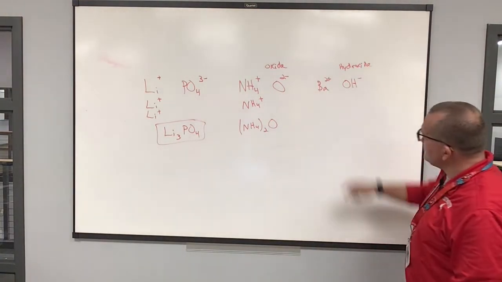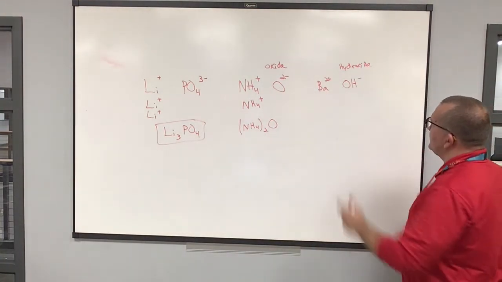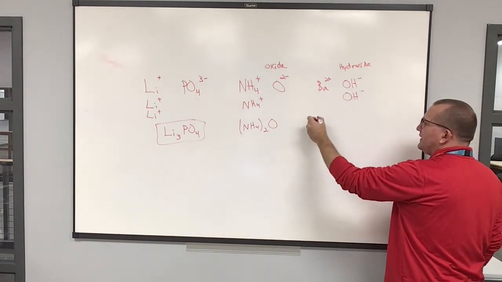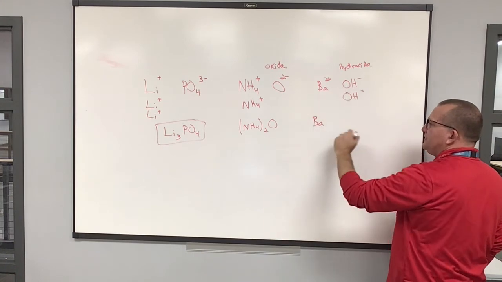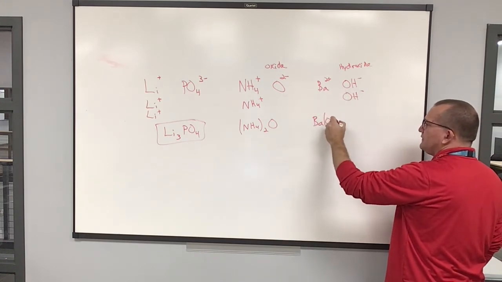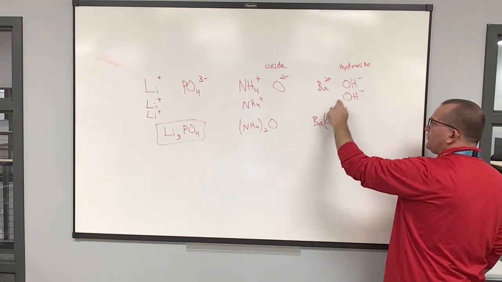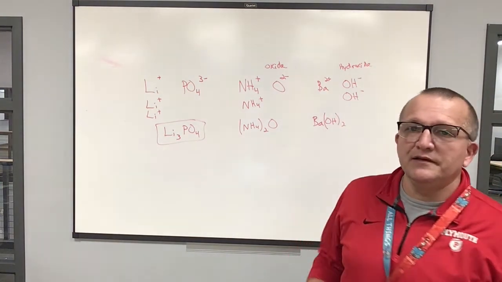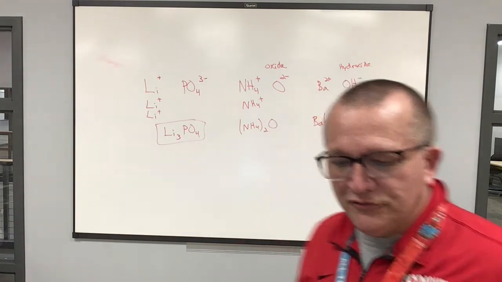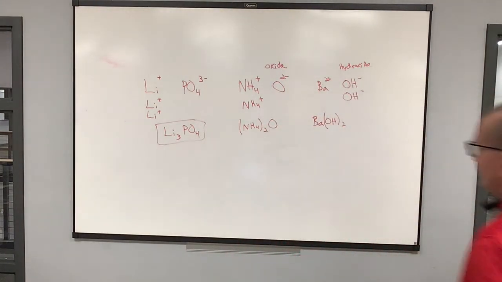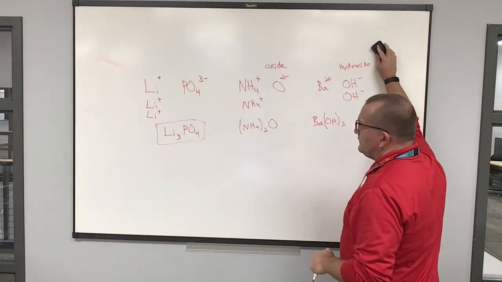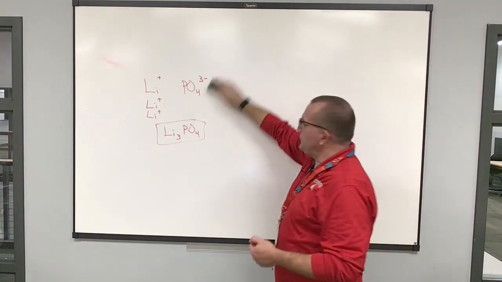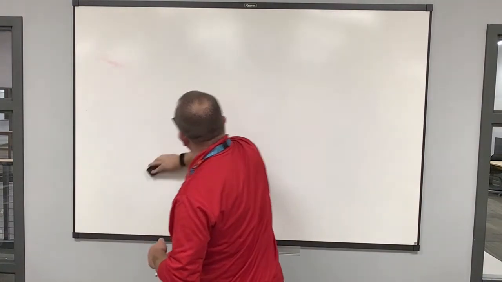Boom. +2, 1 negative, add another negative, 2 negatives, 2 positives. I have 1 Ba. I have 2 OHs. Now again, parentheses if I have more than 1 polyatomic ion. So it's Ba(OH)2. So that's A, B, and C on the sheet. Now we're going to do D, E, and F. Hopefully you got all these. I guess if not, you can rewind and pause.